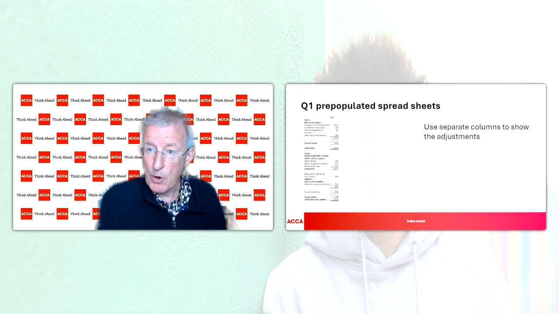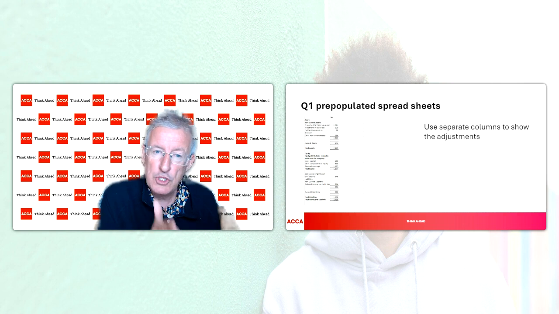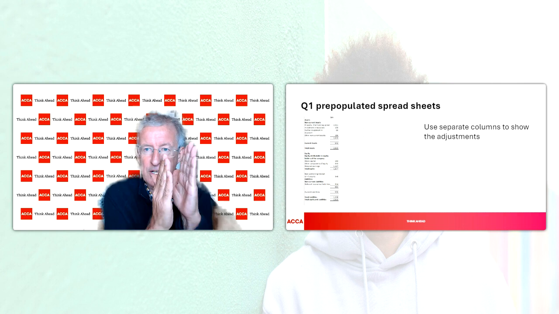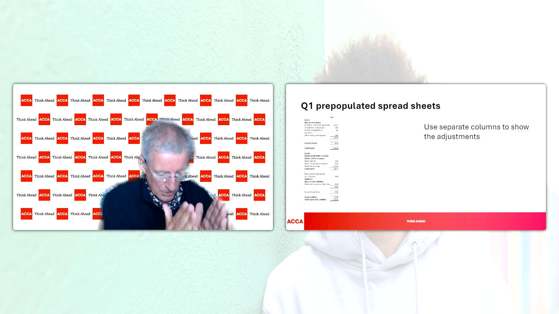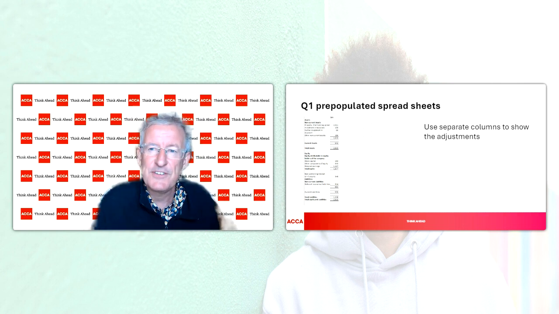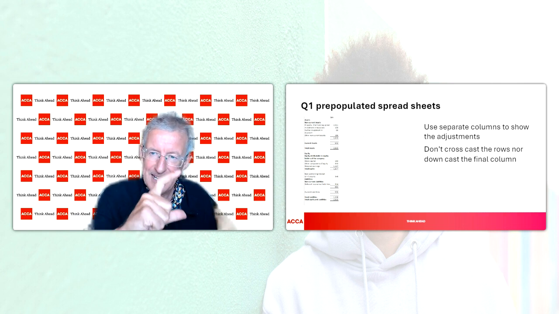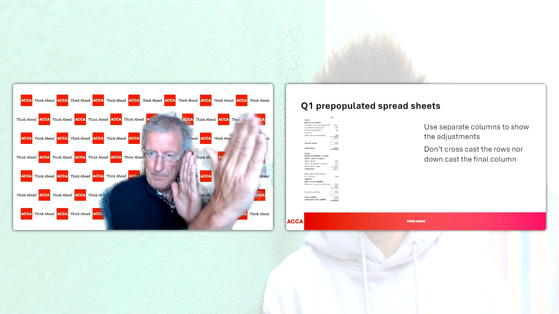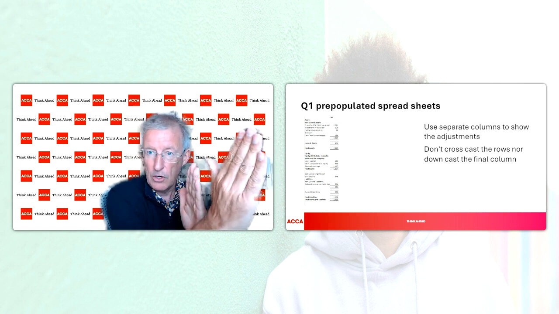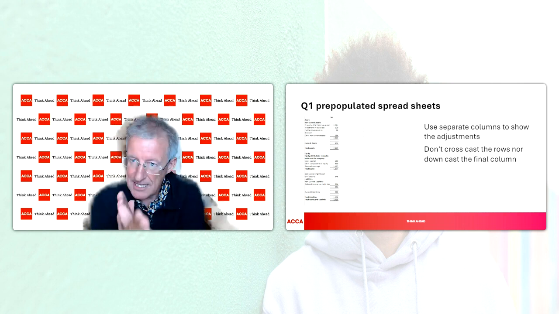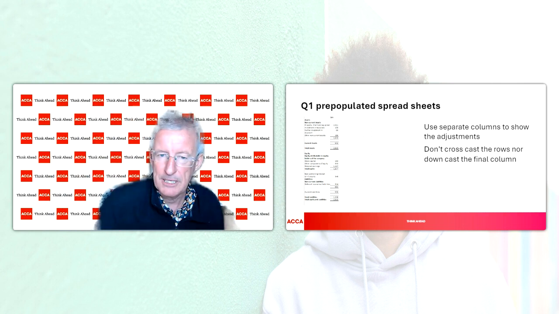The first point is, when you are answering your pre-populated spreadsheet, use separate columns. A small minority of students think that they can only use one column and put all of the numbers in there. That makes it difficult to mark. You should be using separate columns: one adjustment, or the double entry, or the complete issue that you're dealing with in one column. And if it's another problem, you deal with it in a separate column, and they're headed properly.